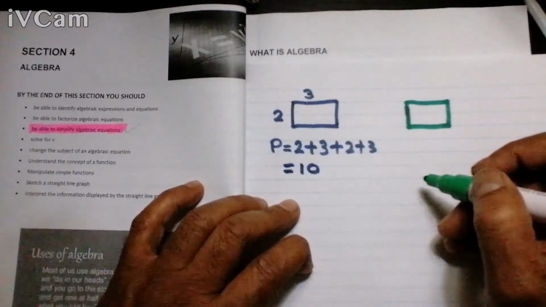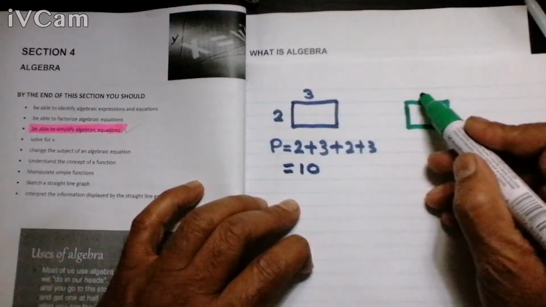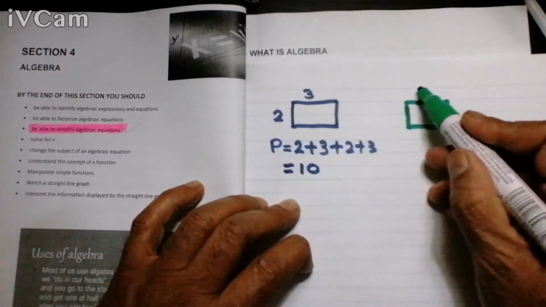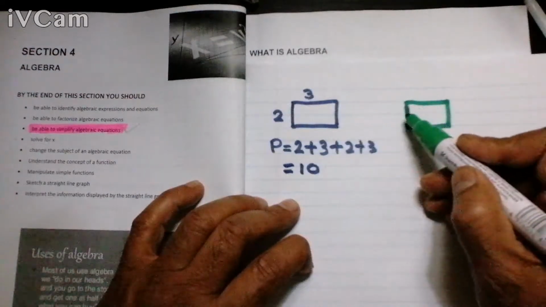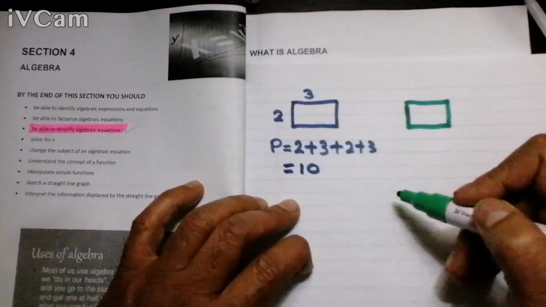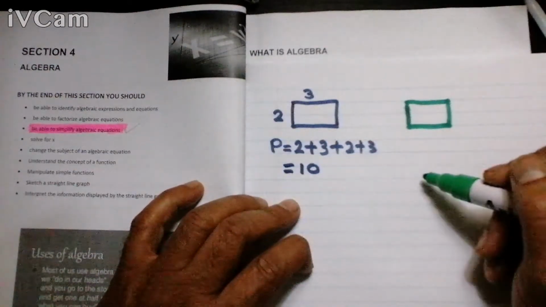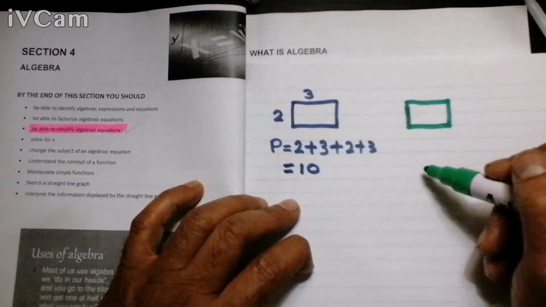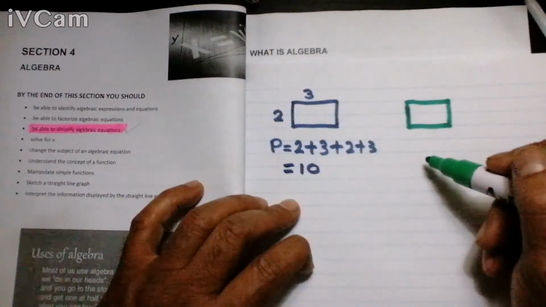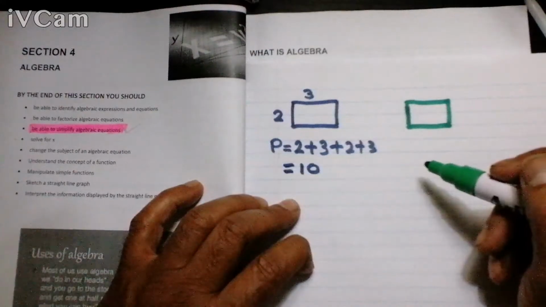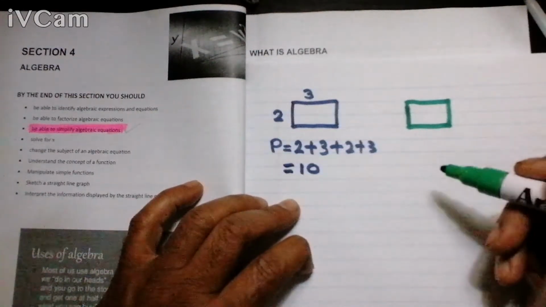So yours could have been of length 5 centimeters and breadth 3 centimeters, and your friends could have been of length 4 centimeters and breadth 2 centimeters. So if there are 50 students in this class, we may get 50 different rectangles of different dimensions.